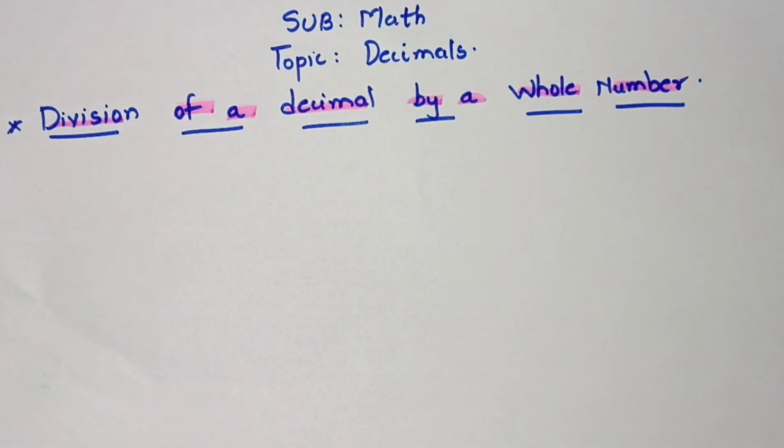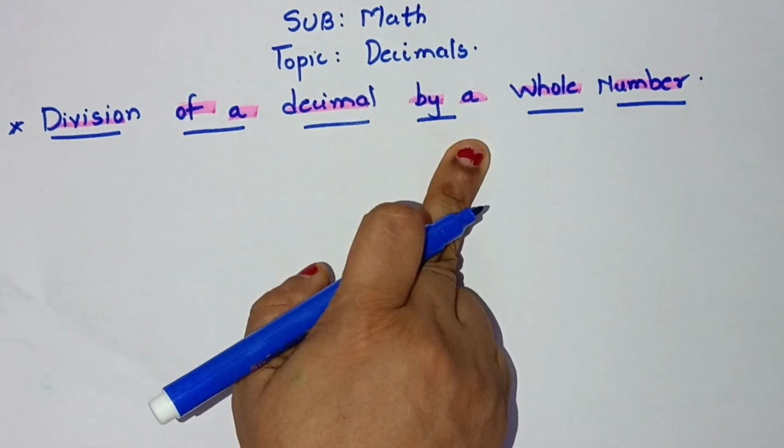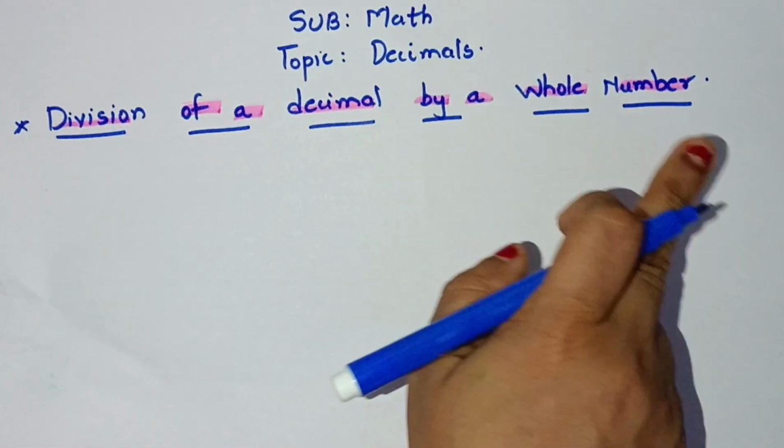So first and foremost, what we should know is that dividing decimals by whole numbers is similar to normal division.